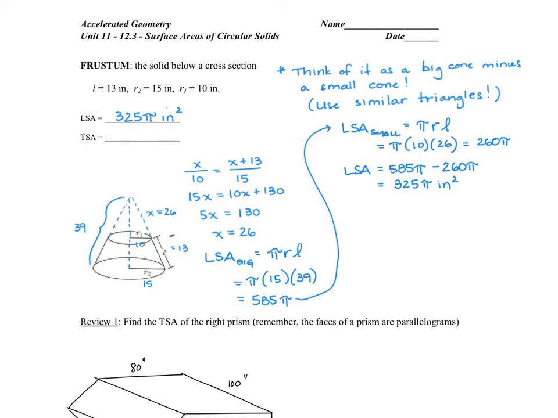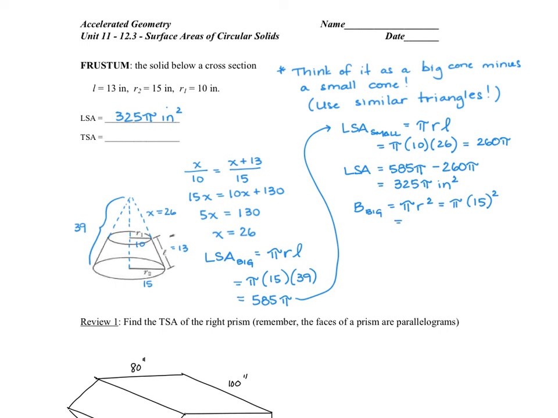If I want to find the total surface area of the frustum, I'll need the area of the base of the bottom, so we'll say of the bigger cone. So the formula is pi r squared. So I'll have pi times 15 squared.